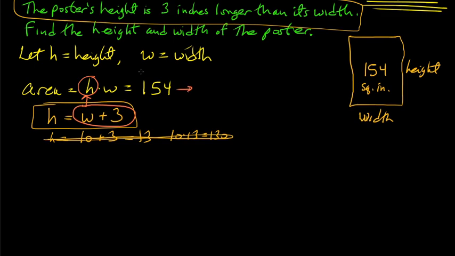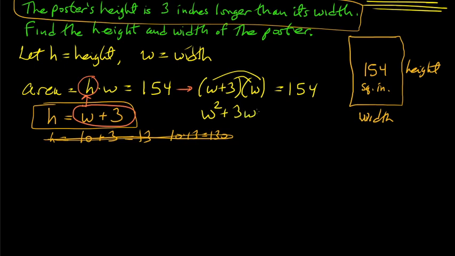So I get the equation w plus 3, which is h, times w equals 154. And if you expand this out, you get w squared plus 3w equals 154. So that's a quadratic equation, not quite in standard form, right?